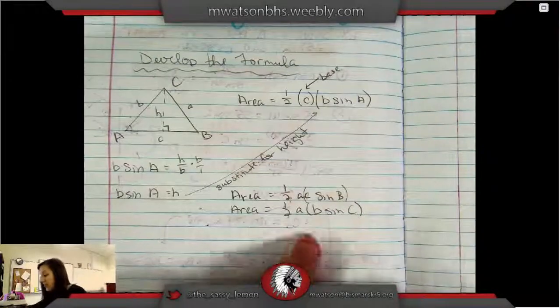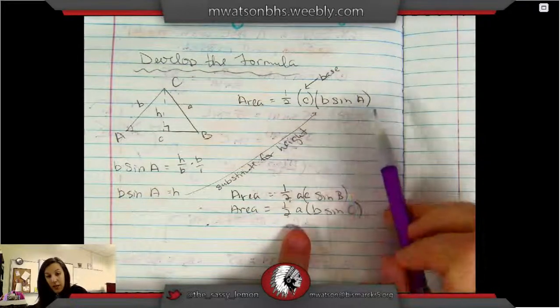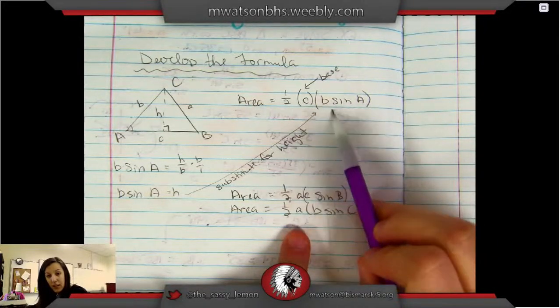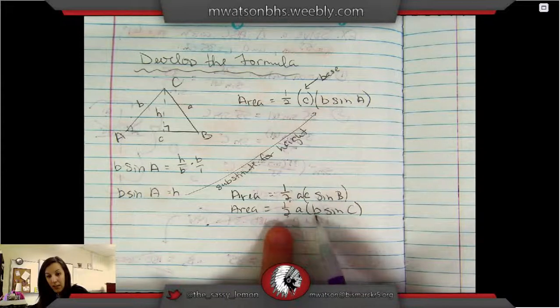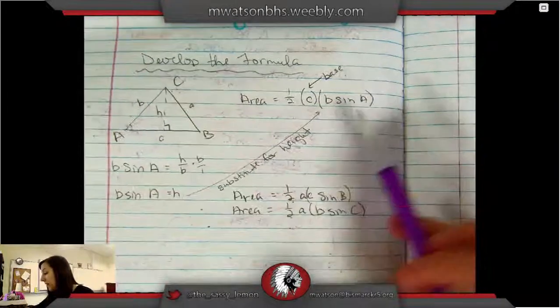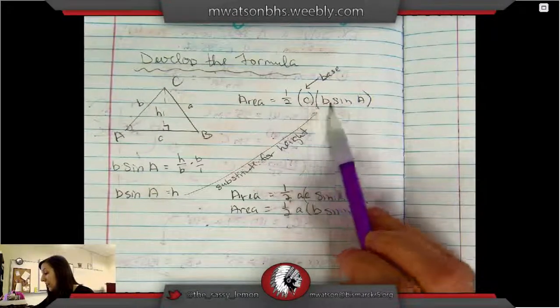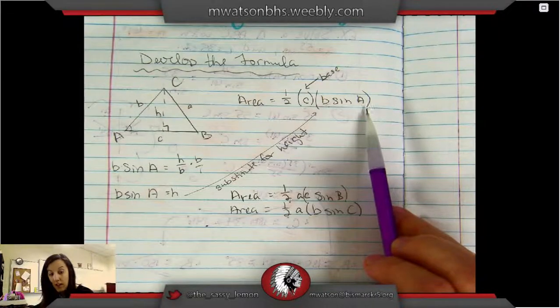Now if you look at these, you'll notice a pattern. Side lengths c and b and angle A. Here we have side lengths a and c, so we use angle B. And here we use side lengths a and b, so we use angle C. So memorizing this formula isn't that bad because whatever side lengths you use, you're always going to use the angle in between them to find the area.